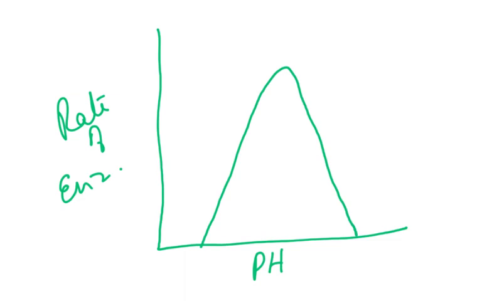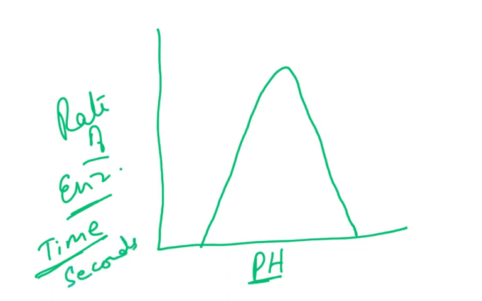So pH on the x-axis and rate of enzyme action on the y-axis, and you'd plot your results for the time it took. Because the rate of enzyme action is the time it took for the entire starch to be hydrolyzed. So the time would be in seconds. And you would plot a graph of this, how quickly it took. So the lesser time it took, that would be the optimum pH of that enzyme.